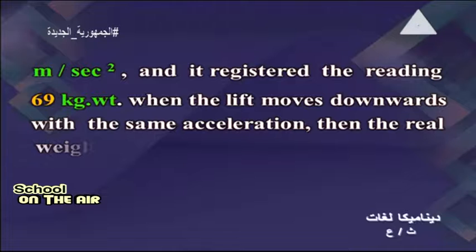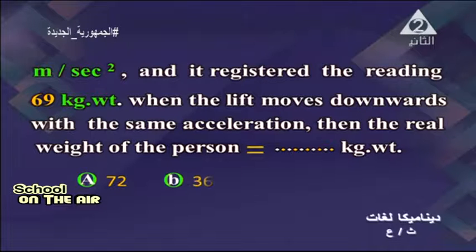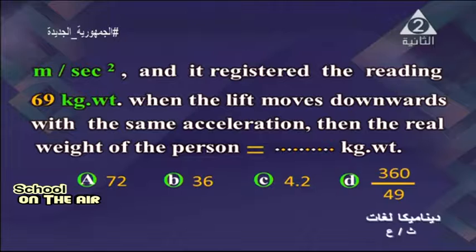Then the real weight of the person in kilogram equals 72, 36, 4.2, or 360 over 49.